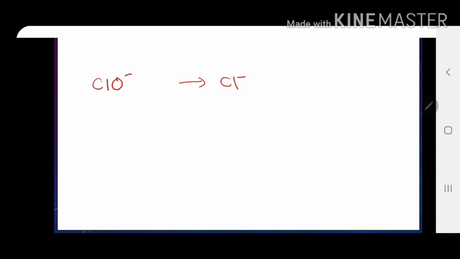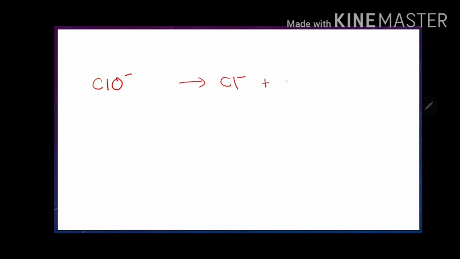Next step is balance oxygen. Oxygen on the left is 1, so you have to add 1 H2O to make oxygen balanced. Okay, 1 and 1. After you add H2O, H will appear. Of course, there is 2 H here.